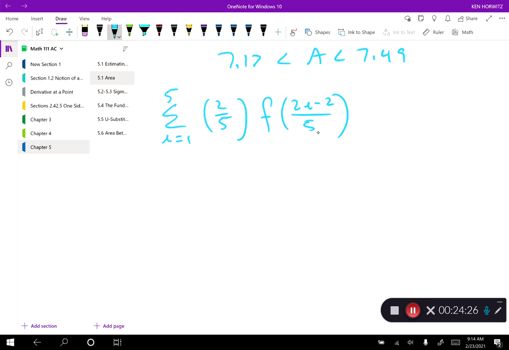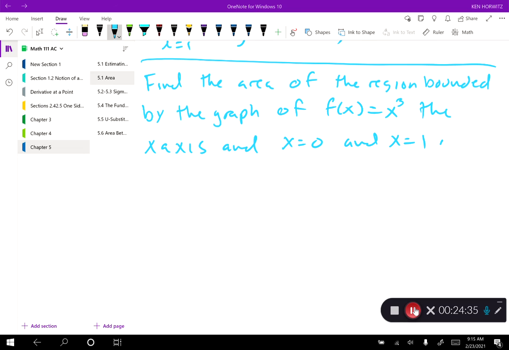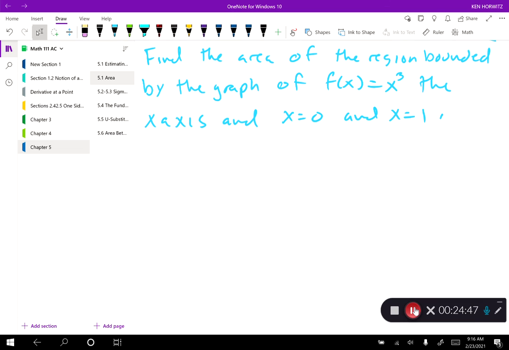All right, let's try another example. Find the area of the region bounded by the graph of f of x equals x cubed, the x-axis, and x equals 0 and x equals 1. Let's check out how to do this.